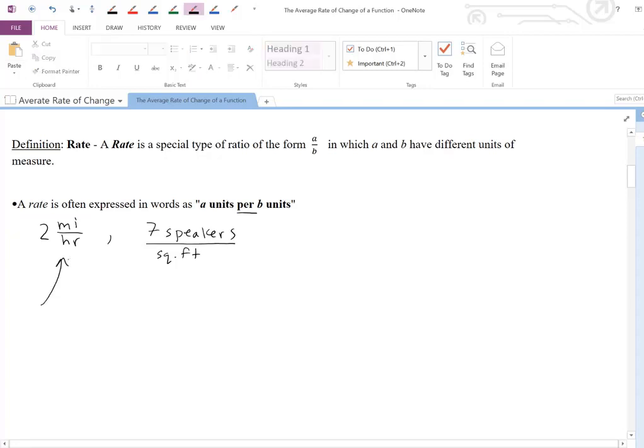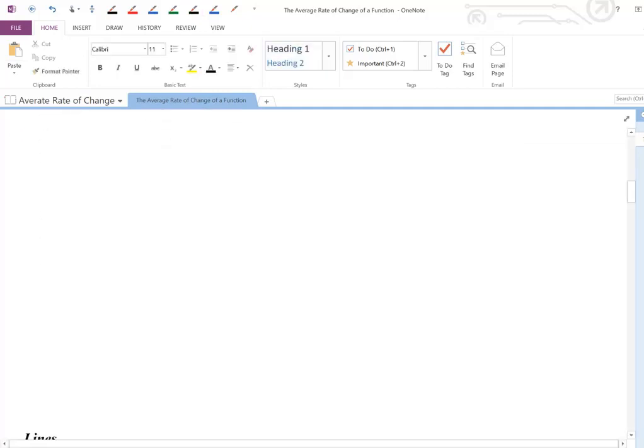Here, miles per hour, that is a speed, and also a velocity. We'll talk about the difference between those two later, but most people understand those types of things. Commonly used in language throughout the world. It's just now we're like, well, what about the mathematics? So let's take a look.